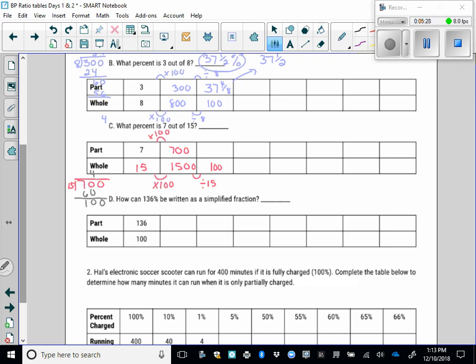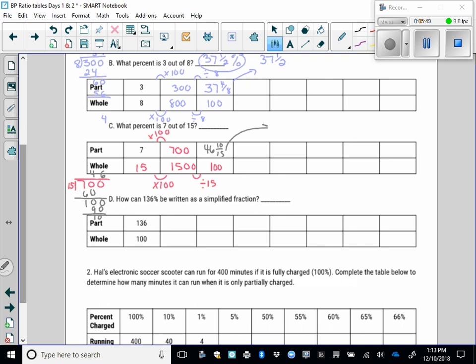Well, think about that. 6 times 15 is 90. So I have a remainder of 10. So it's 46. And my remainder is 10 out of 15.